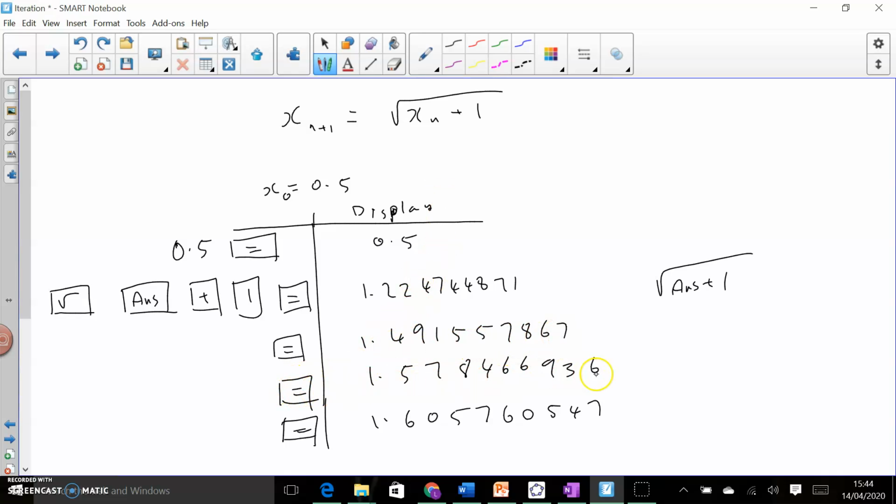Press equals again, you'll get x3, equals again, you'll get x4, and so on. So you can just repeat the equals until the answer doesn't change, and that will be the best answer you can get on the calculator. Okay, so that's iteration.